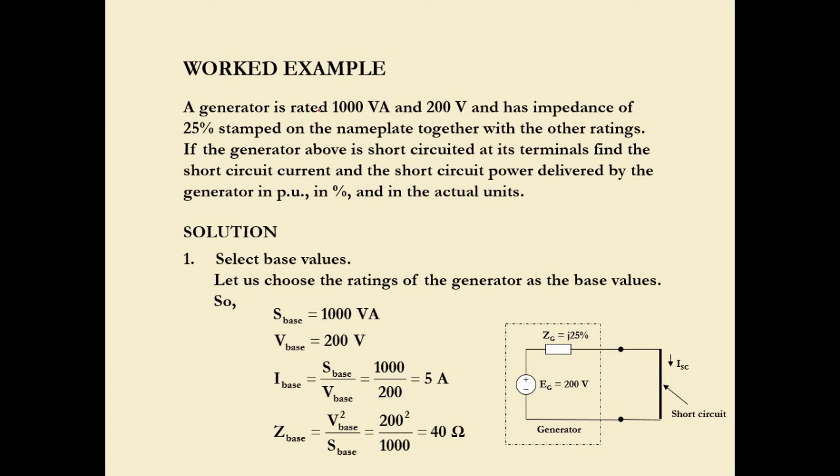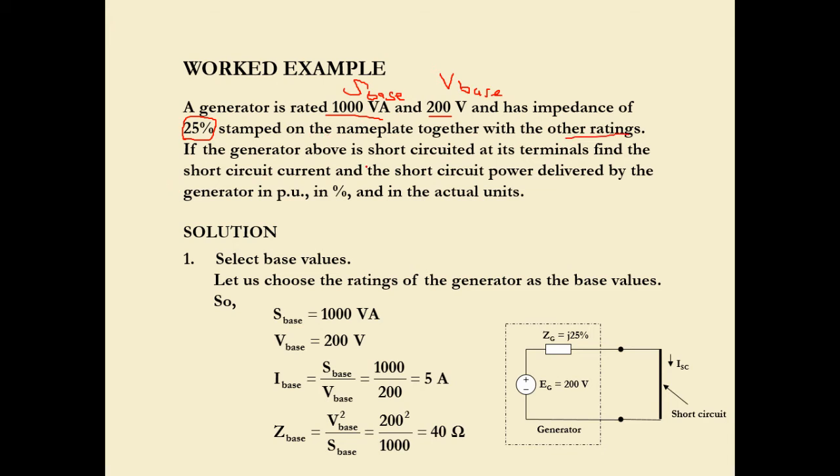So another good worked example. A generator is rated 1000 volt ampere, the S, and 200 volt. I believe this is going to be our V base later on. This one too, I believe we will later pick as base. It has an impedance of 25%, stamped on the nameplate together with other ratings.